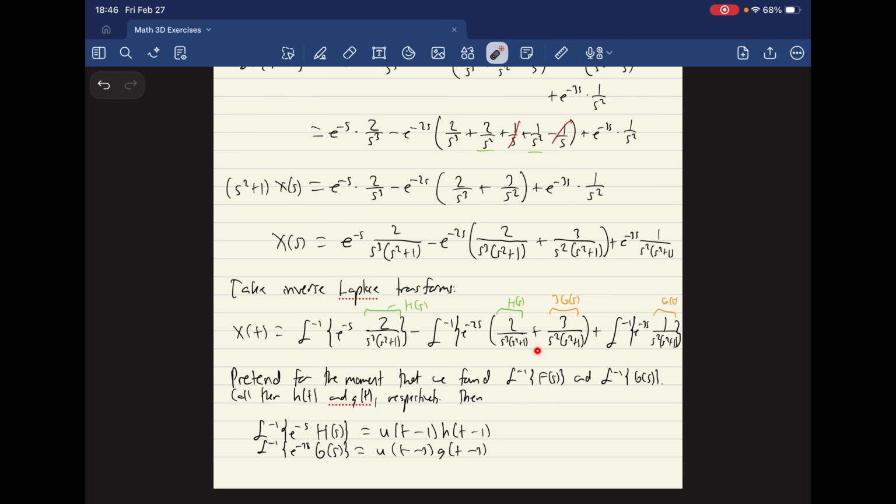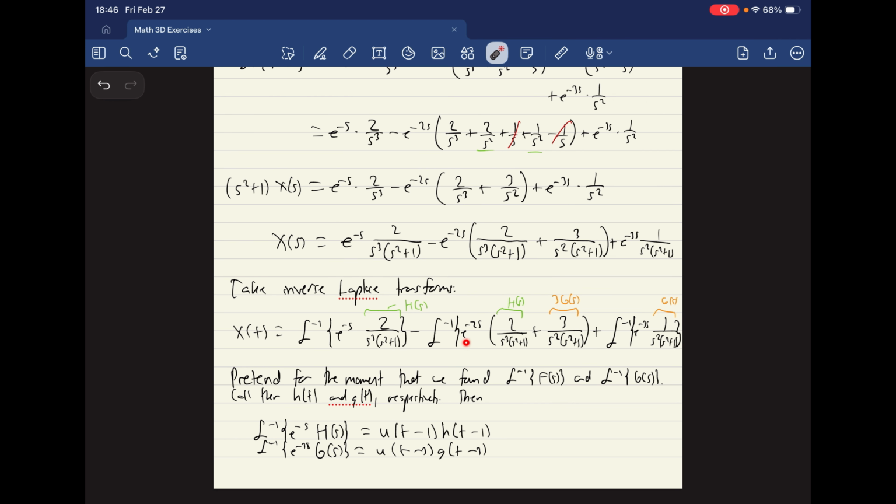And then this final inverse Laplace transform is that of e to the minus 2s, and then we have h of s plus 3g of s.